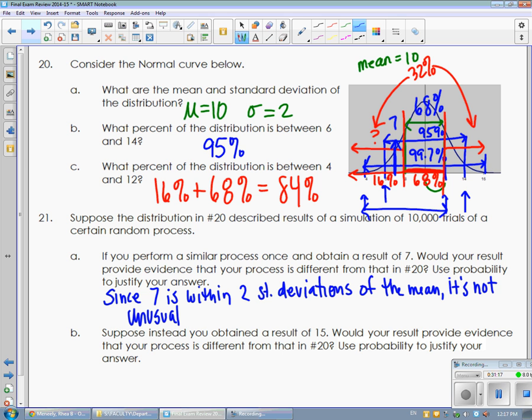Okay, and remember we defined unusual to be something that occurs less than 5% of the time. And this occurs more than 5% of the time, so we're not going to worry about it being unusual.